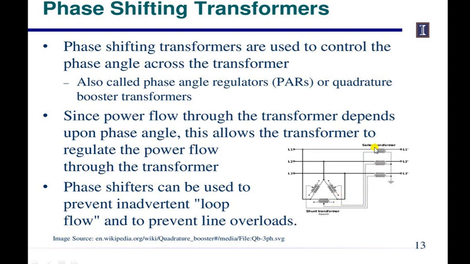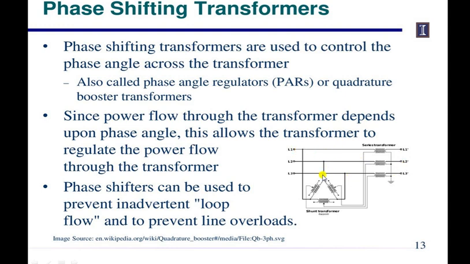By using this series transformer we can change the phase angle of the voltage in line 1. So at L1 dash, whatever voltage we obtain, its angle delta will be changed.